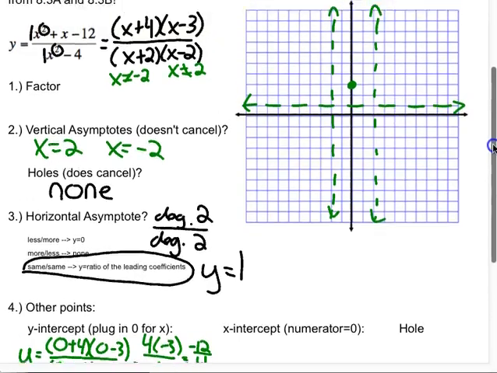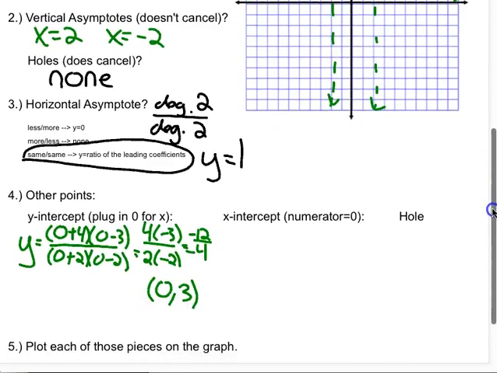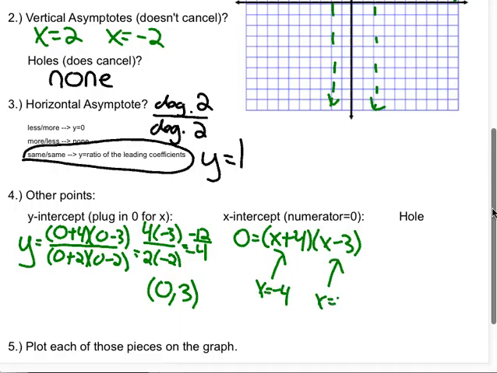My x-intercept is where I just set the numerator equal to 0. So the numerator being equal to 0 gives me 2 x-intercepts. I get 1 x-intercept when x is negative 4, and another one when x equals 3.